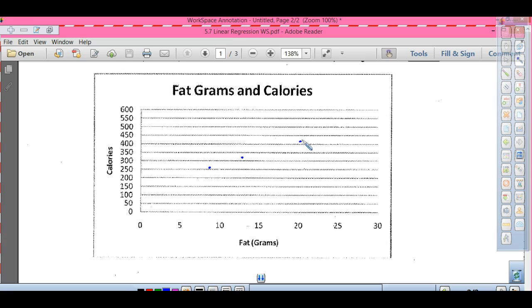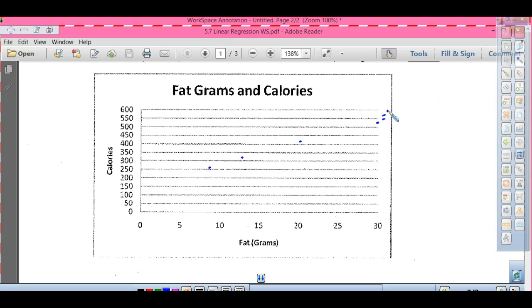Quarter pounder with cheese, 30 and 530. Big Mac, 31 and 560. Arch sandwich special, 31 and 550. Arch special with bacon, 34 and 590.